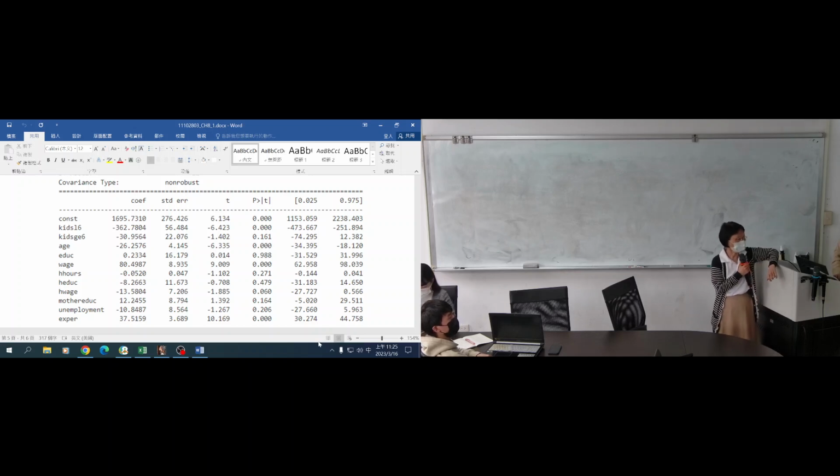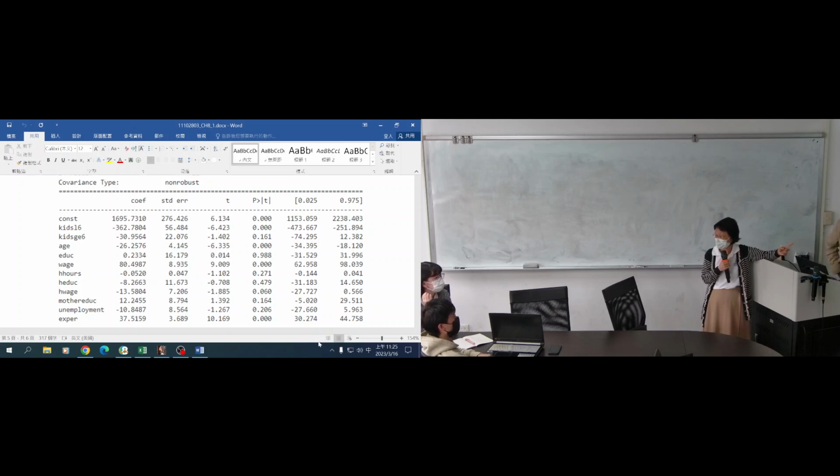Basically, it started with this VIF criterion, and our author says it's greater than 5, and especially Gujarati says greater than 10. So for our examples, it's never exceeding.